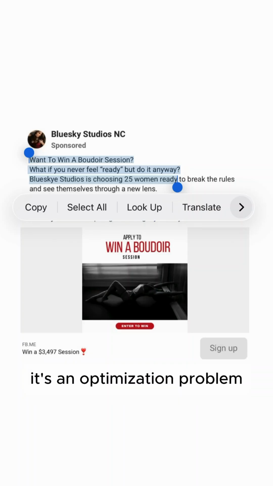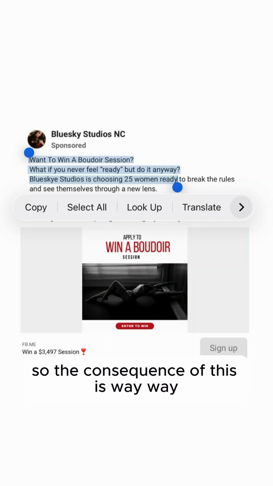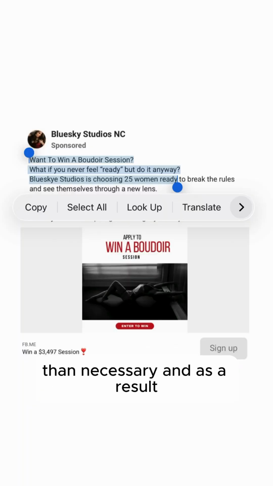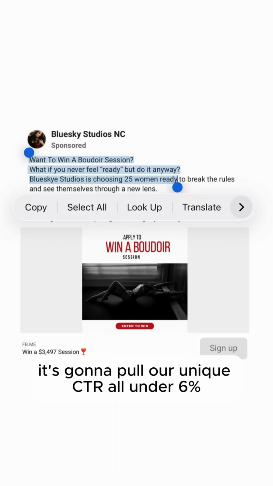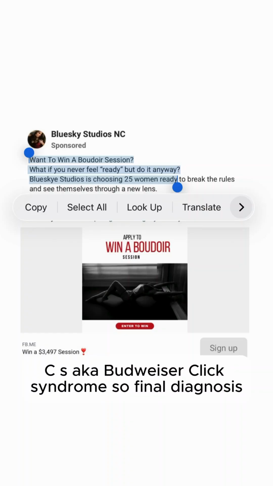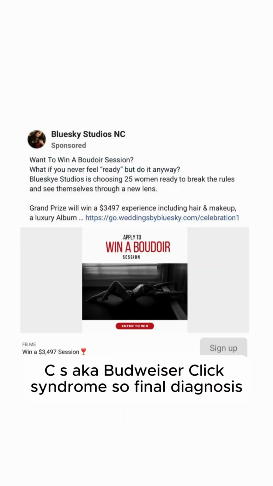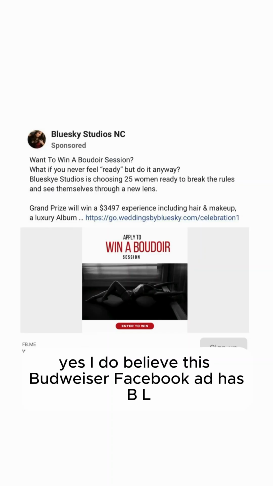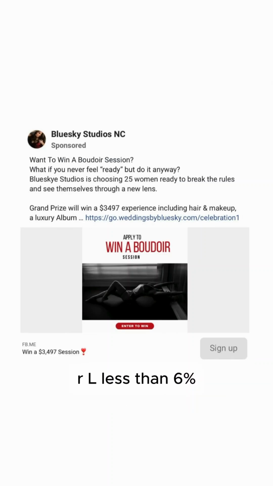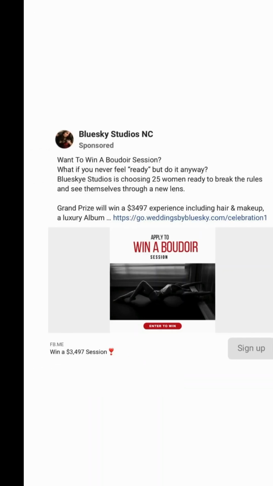It's an optimization problem. So the consequence of this is way, way, way more women going to be scrolling by our boudoir Facebook ad than necessary. And as a result, it's going to pull our unique CTR all under 6% and actually increase the probability that we have BLCS, aka boudoir low click syndrome. So final diagnosis, yes, I do believe this boudoir Facebook ad has BLCS, aka boudoir low click syndrome, because of its unique CTR all less than 6%.